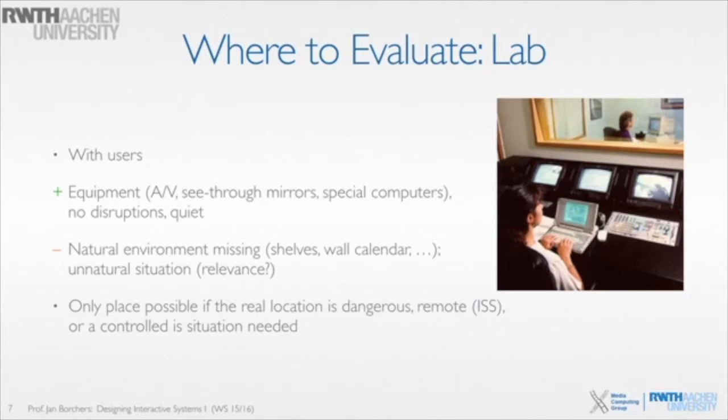Now, where do we do that evaluation? You've got two options. You can have the testers come to your place and do a test in your lab, or you can go to the tester's workplace, home, wherever they are using the system for real, and do your evaluations there. If you do this in the lab, then you have an advantage. You can use special equipment like see-through mirrors, like semi-transparent glass.